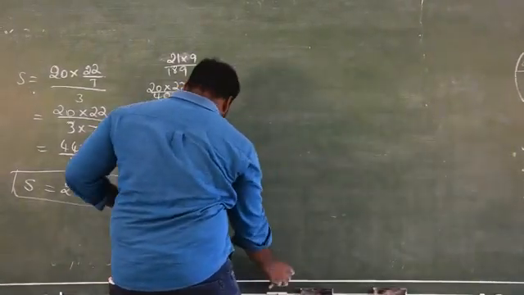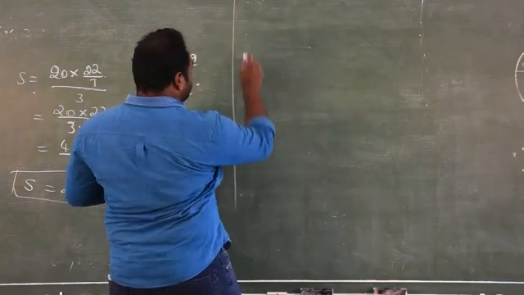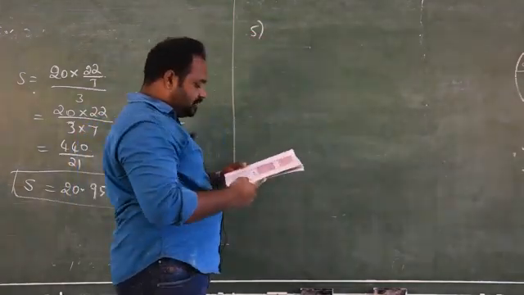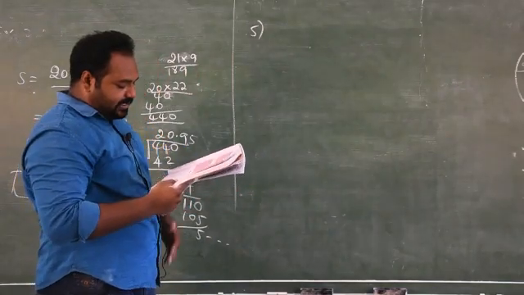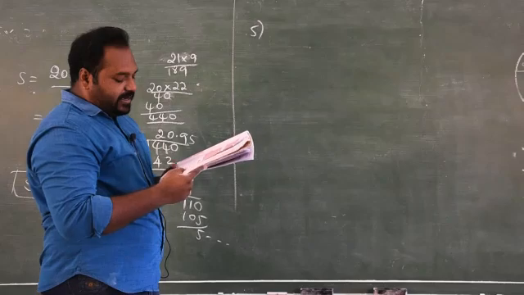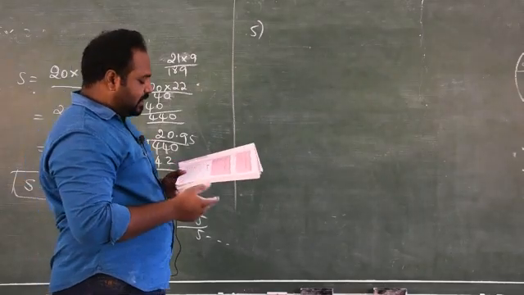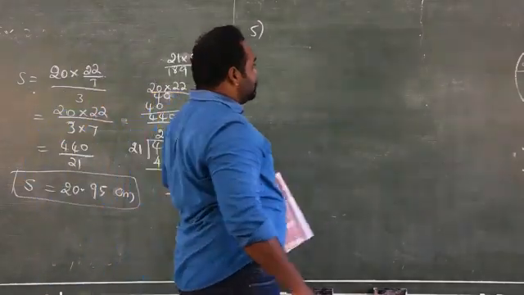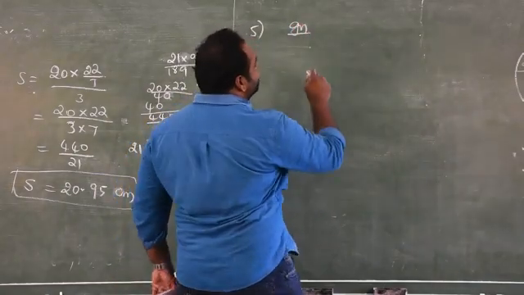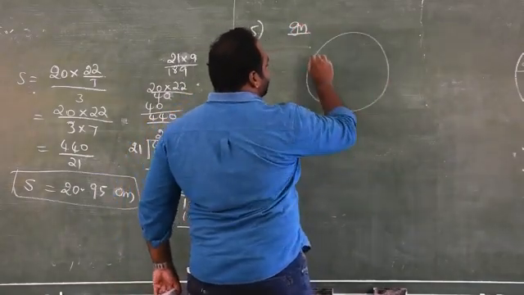Problem number 5 is: find the degree measure of the angle subtended at the center of the circle of radius 100 centimeter by an arc of length 22 centimeters. So here I am going to construct a circle for your understanding.